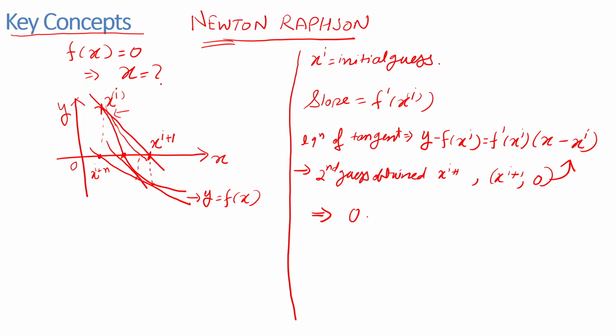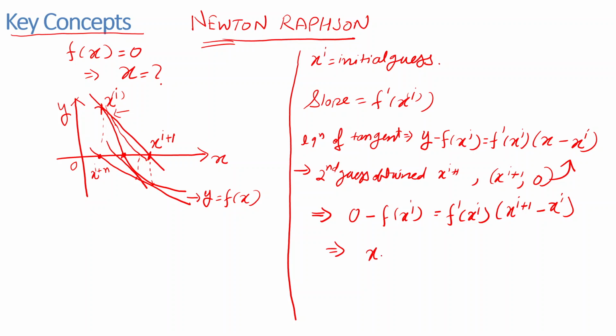So I will put y equal to 0: 0 minus f(xi) is equal to f dash of xi into xi plus 1 minus xi.